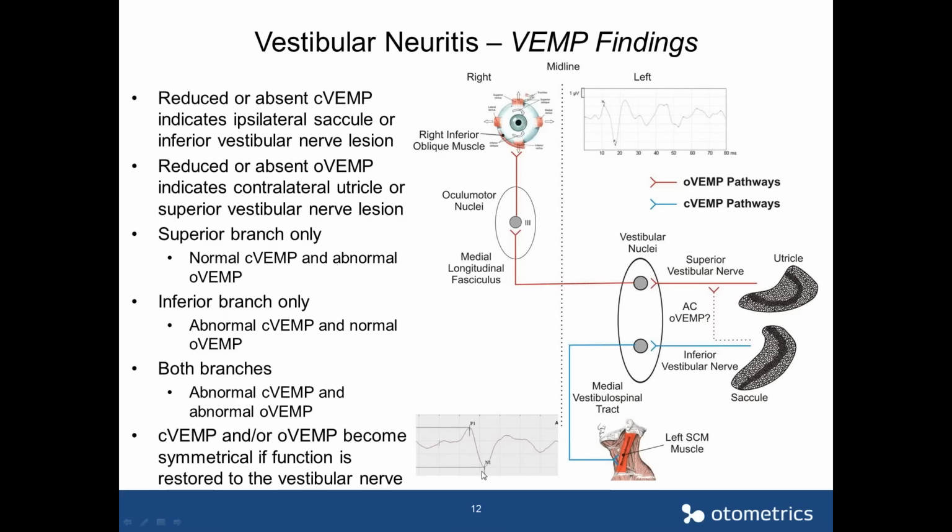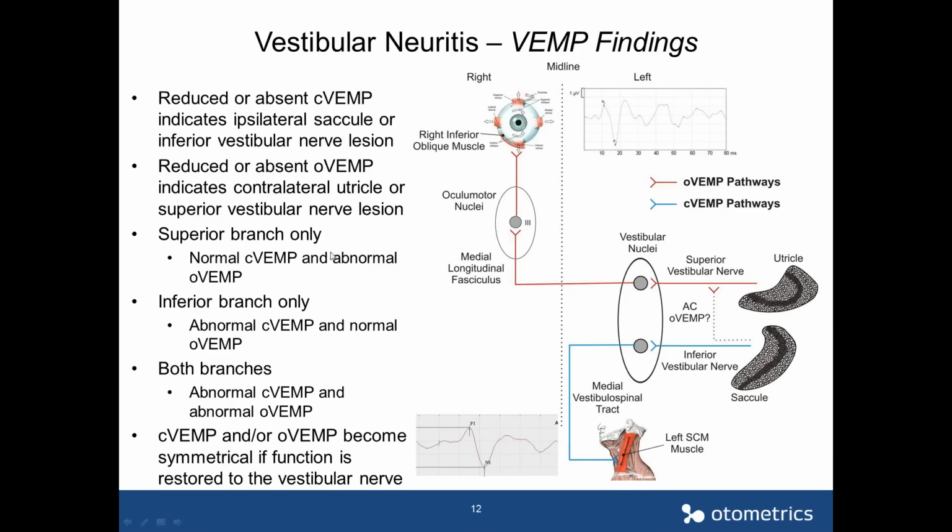And in this case, the P1 occurs first and N1 occurs second. In the case of OVEMPs and CVEMPs, we look for reduced or absent responses. In the case of CVEMPs, it's ipsilateral to the side of lesion. In the case of OVEMPs, it would be contralateral to the side, recording from the eye.